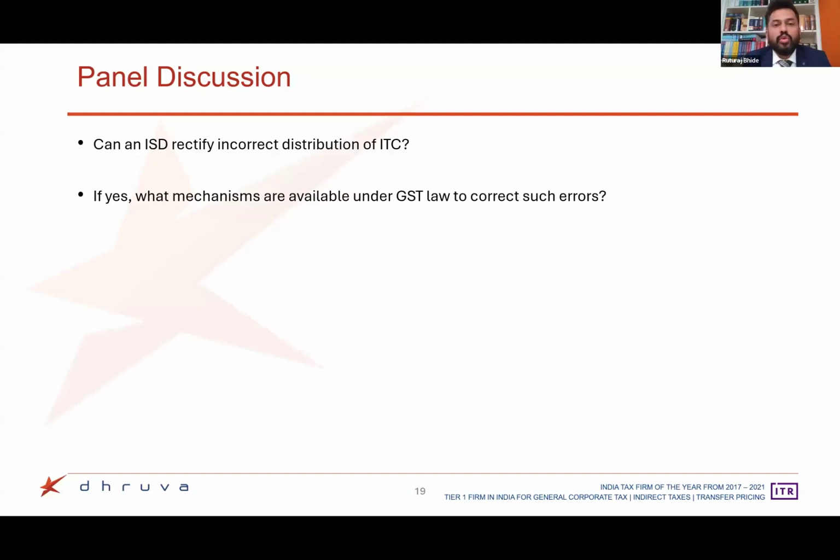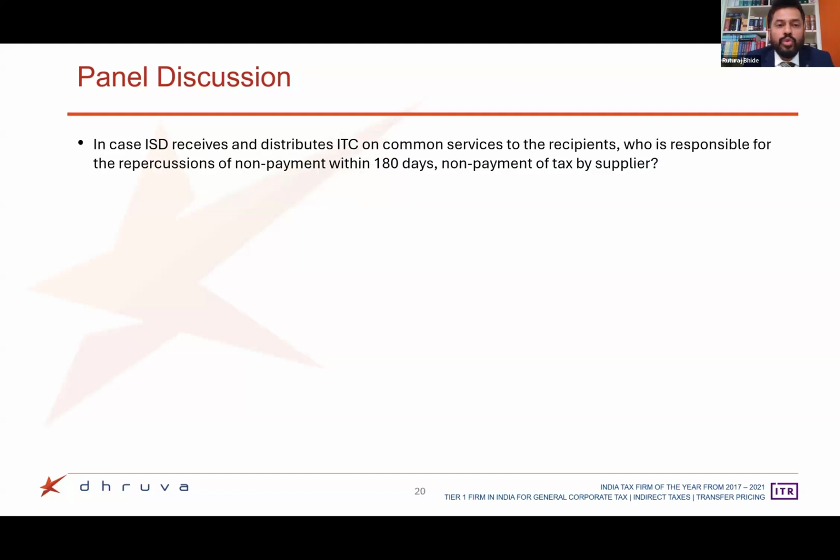I'm sure this is a comforting position for many of the entities who are going in for an ISD return for the first time, that even if you've gone wrong, even if there is some mistake which happens in the distribution, there is enough and more room to rectify it in future. Correct. Okay.